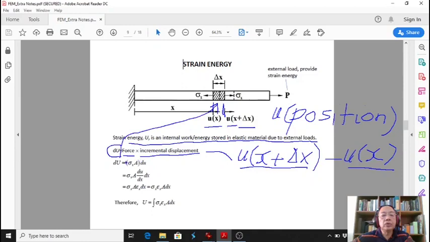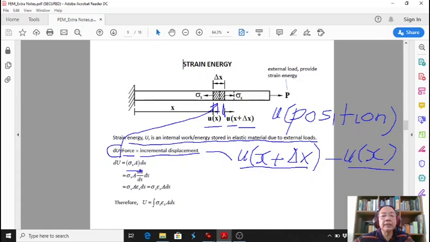So dU now is force. Force is sigma x times A, the stress times the cross-sectional area of this element, times du.